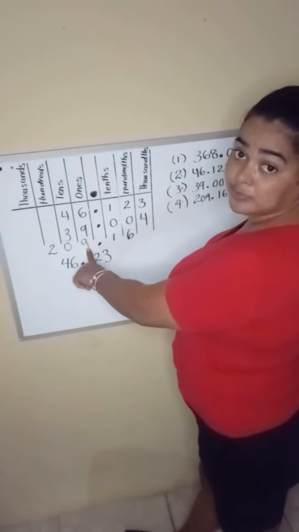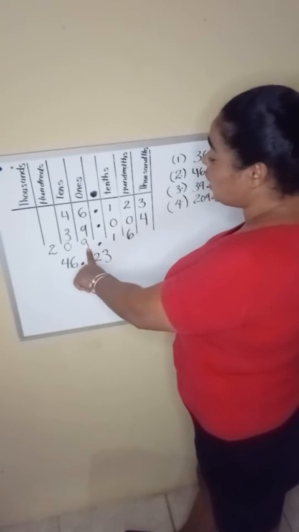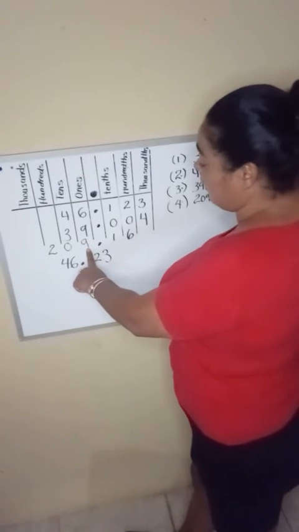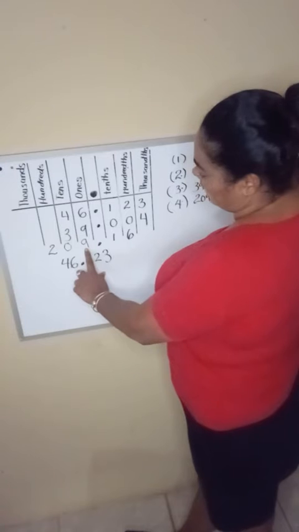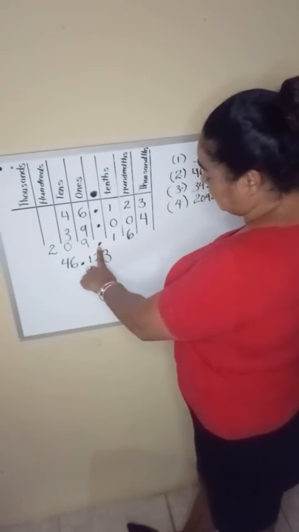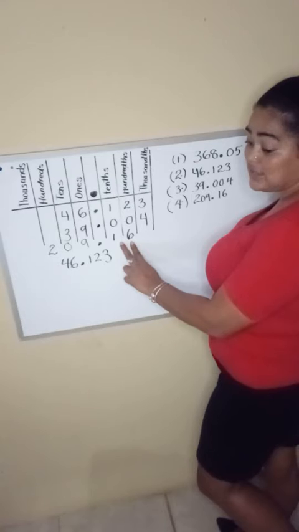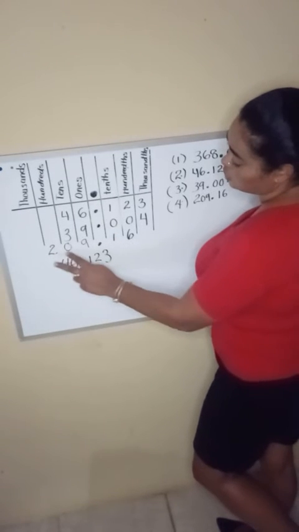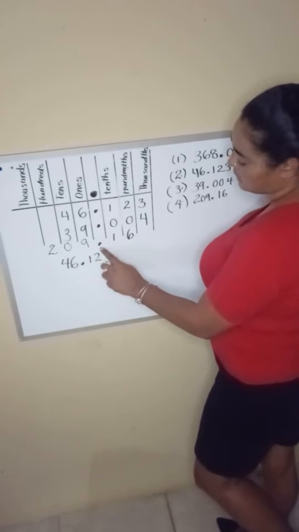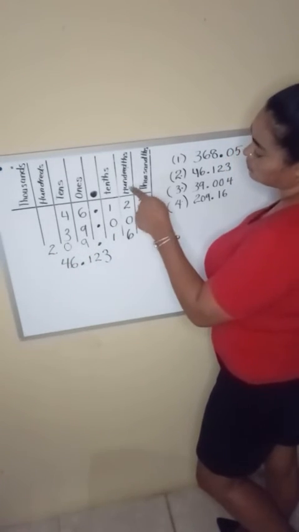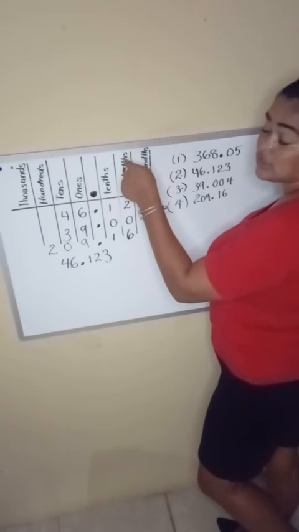209 is what? 209. Okay? So 209 and 1 and 6 is how much? 16. Good. So 209 and 16. 16 what?